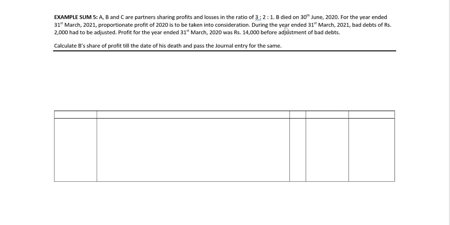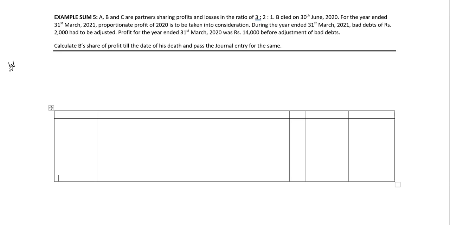During the year ended 31st March 2021, bad debts of rupees 2,000 had to be adjusted. Profits for the year ended 31st March 2020 was rupees 14,000 before the adjustment of bad debts. We are asked to calculate B's share of profit till the date of his death and also pass the necessary journal entry.